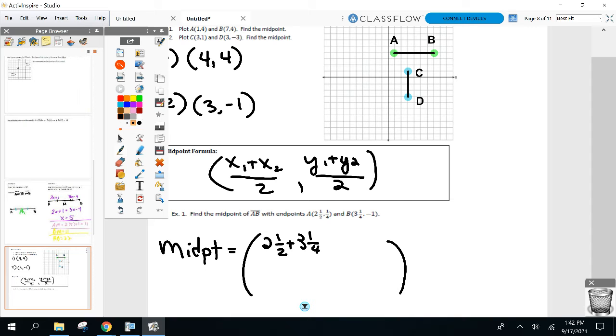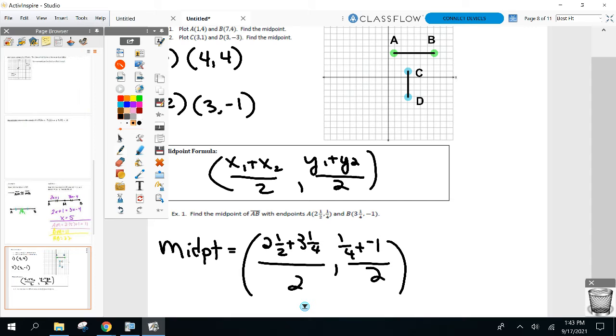That's fine. Especially if you don't have a calculator that has fractions on it. You can do it that way. Divided by 2. And then let's add our y's together. 1/4 plus -1 divided by 2. And order doesn't matter because you're adding.